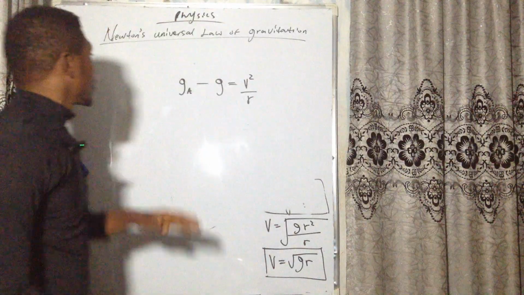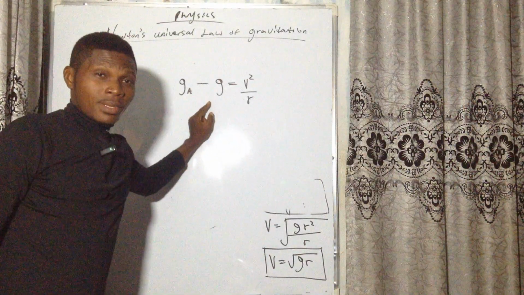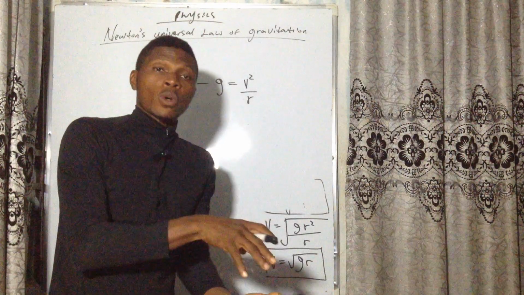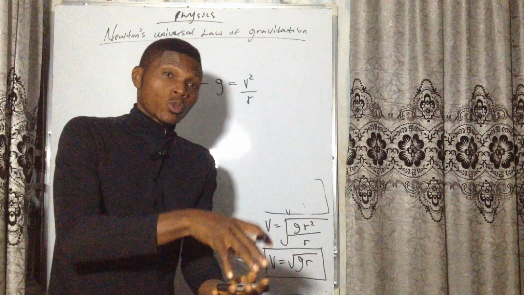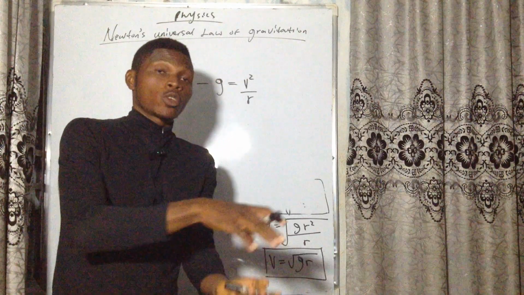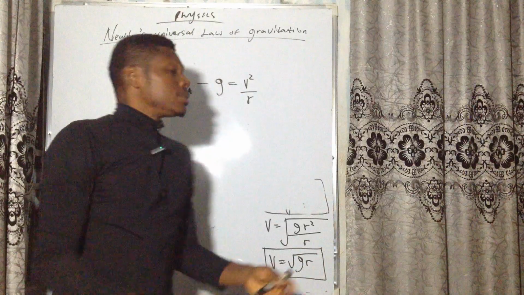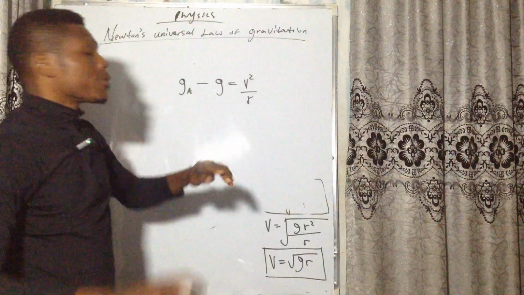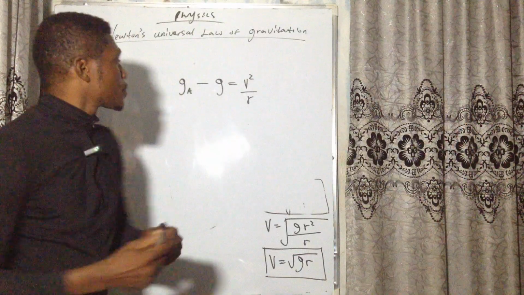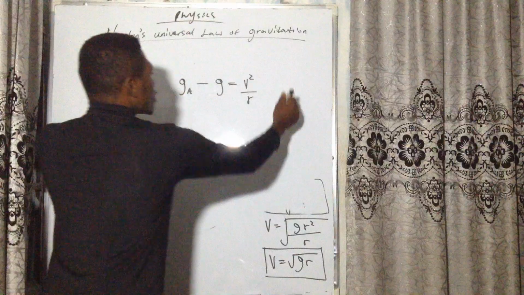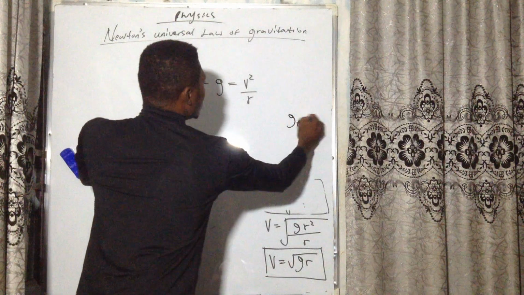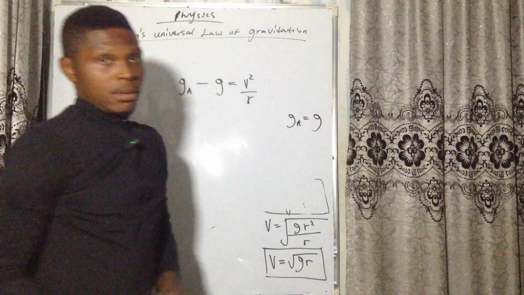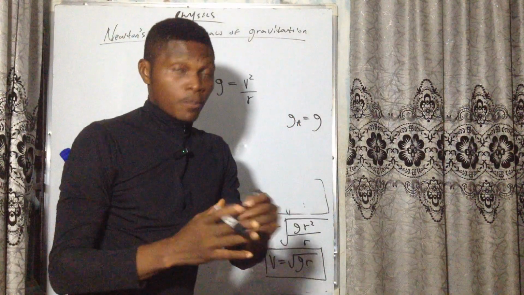This is the free fall acceleration, the acceleration an object will have when placed on Earth. This is the acceleration we use to calculate the weight of objects on Earth. But for most practical purposes, we can equate the two, that is, gravitational acceleration is equal to free fall acceleration, because the difference is small.